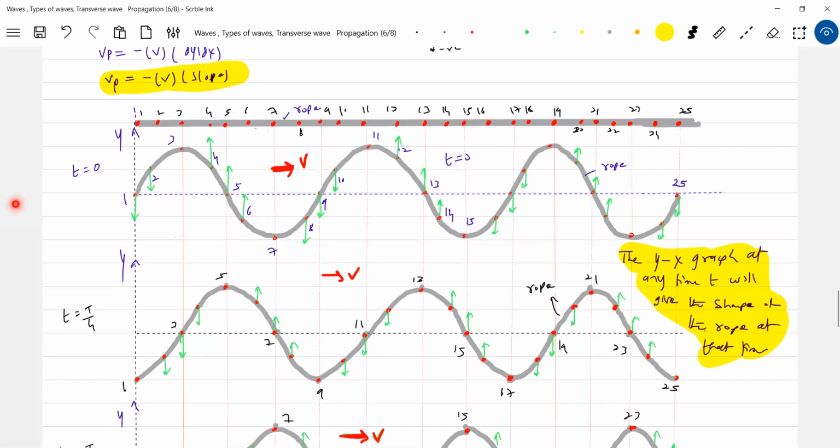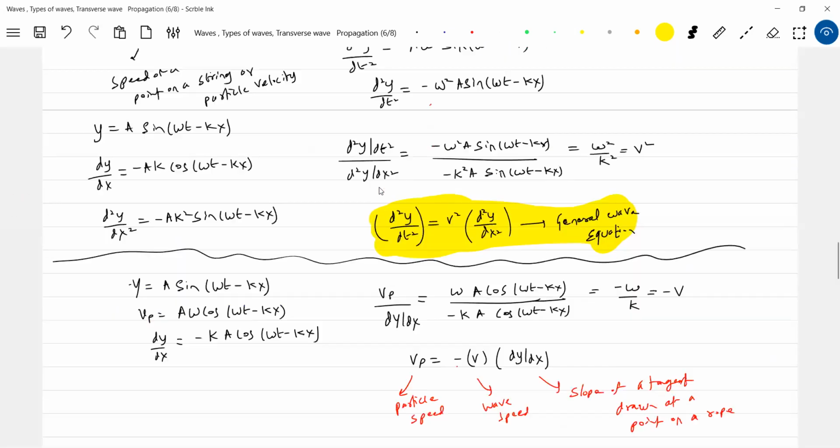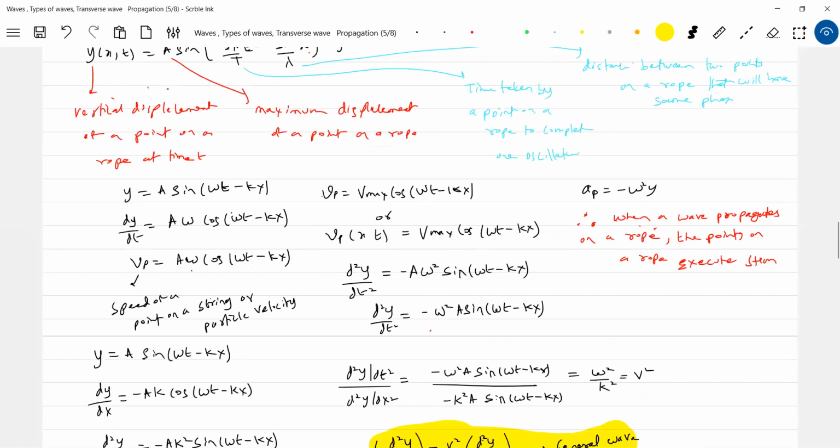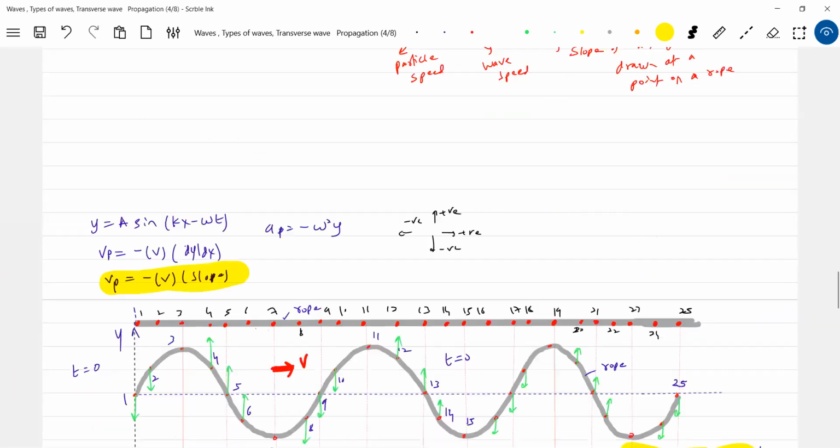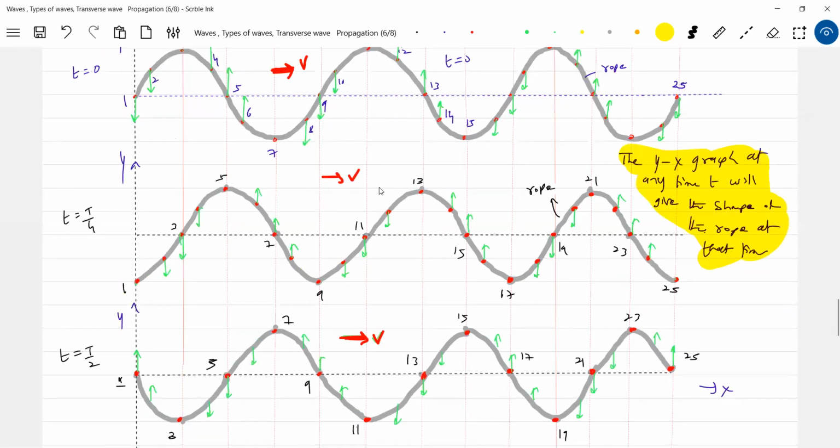So how do we define wavelength? Distance between 2 points on a rope that have the same phase. There is the wavelength. So from the y-x graph, can I find out the wavelength? Yes, it is very easy. So the wavelength is what I'm going to get. Why are you calling this the wavelength?